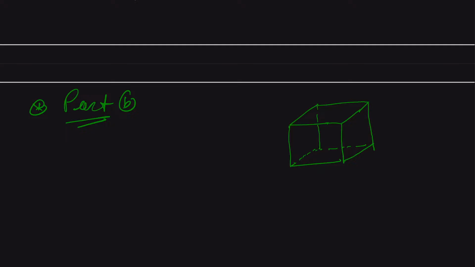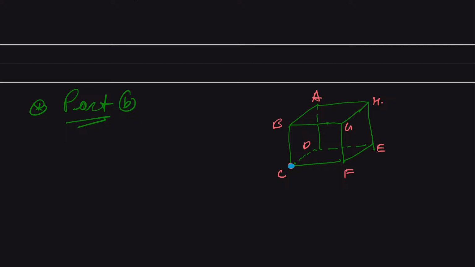So this is the cube, and let us label it A, B, C, D, and this is E, F, G, and H. So this is the cube, and the charge is at our point C.